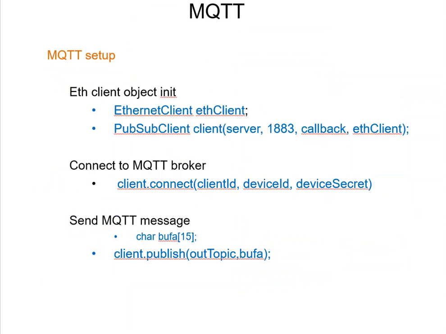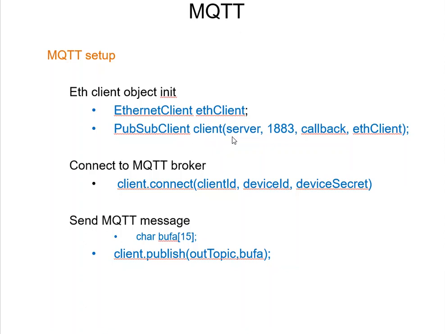Sending MQTT messages is also quite straightforward, and as the Ethernet library and the MQTT library PubSubClient are C++ class libraries, first we create the objects of those libraries. So here we create the Ethernet client object, and here we create the MQTT client object.